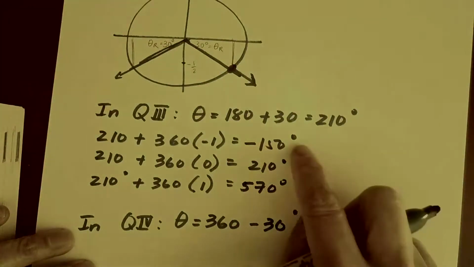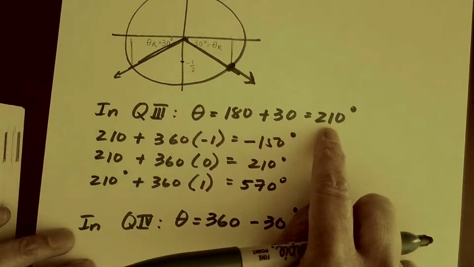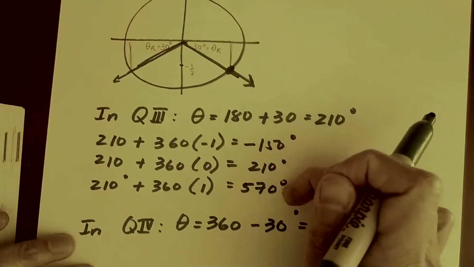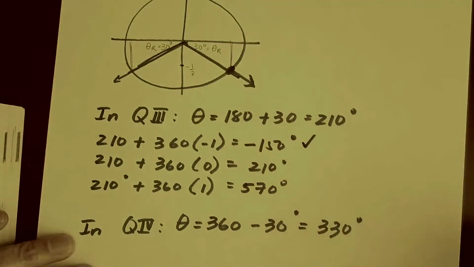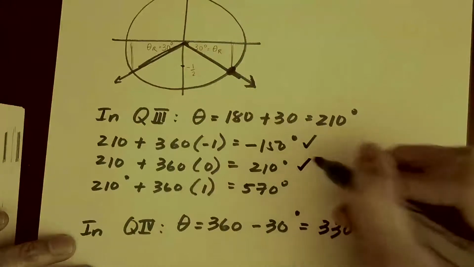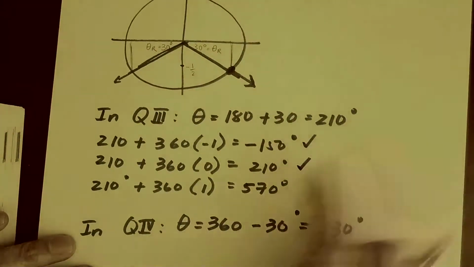Okay, so all of these are coterminals of theta 210 degrees. But which one of these coterminals are within the domain? This is within the domain. Negative 150 is within the domain. This one is yes, and this one is not within the domain. So we're not going to include that one.